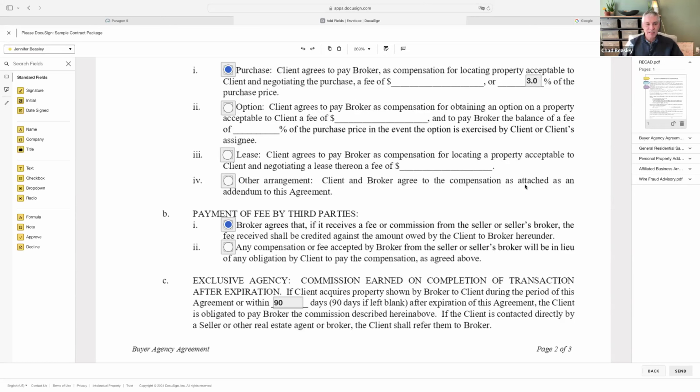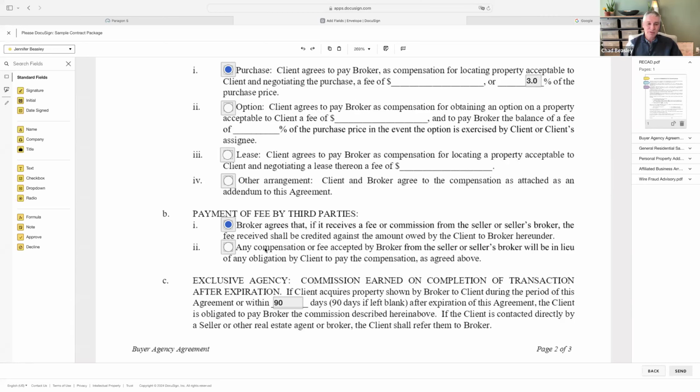Whatever is being offered, there's this other option down here that you can check. Any compensation or fee accepted by broker from the seller or seller's broker will be in lieu of any obligation by the client to pay a commission or compensation as agreed above.